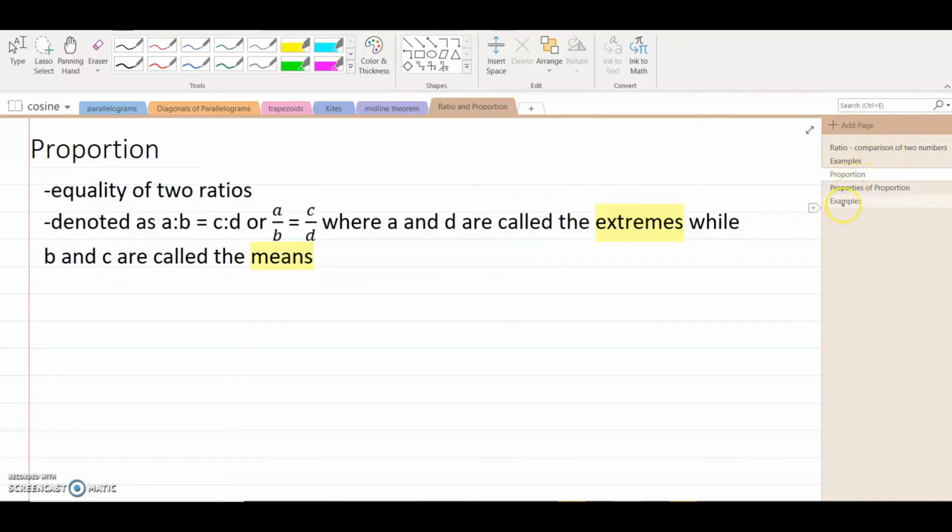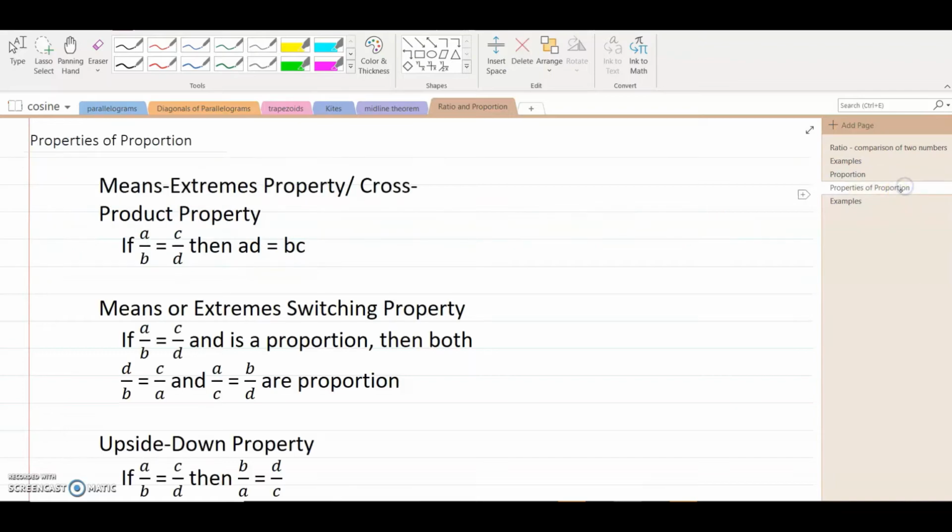Before we proceed with our examples, let's first look at the properties of proportion. The most common property of proportion is number one, the means-extremes property, or the cross product property.